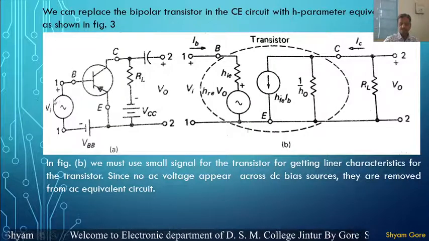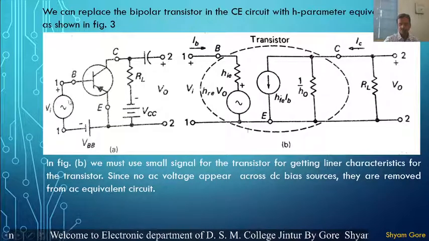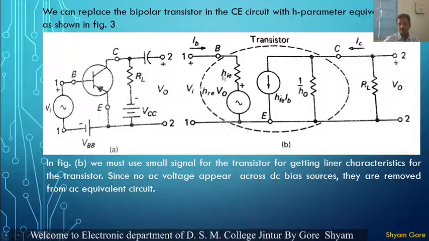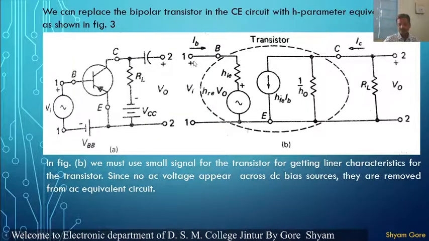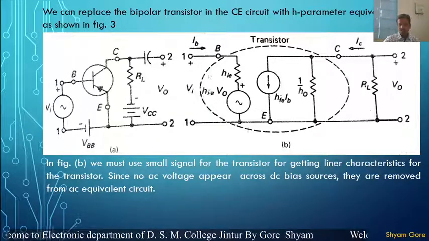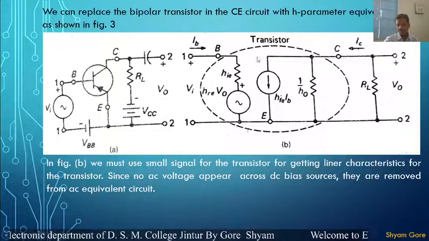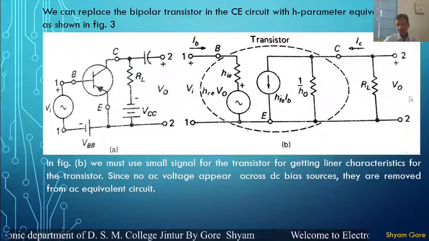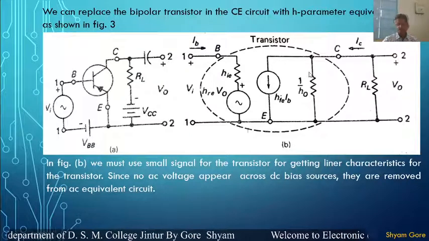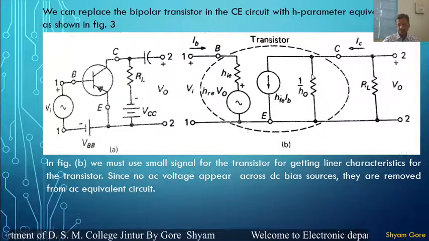This input signal is a very small signal, and therefore the effect of that voltage appearing at the DC circuit is equal to 0. Therefore, in this circuit the AC signal is not presented, or that is removed from the circuit.